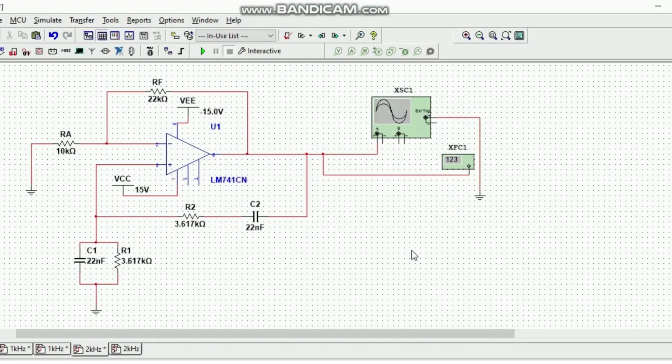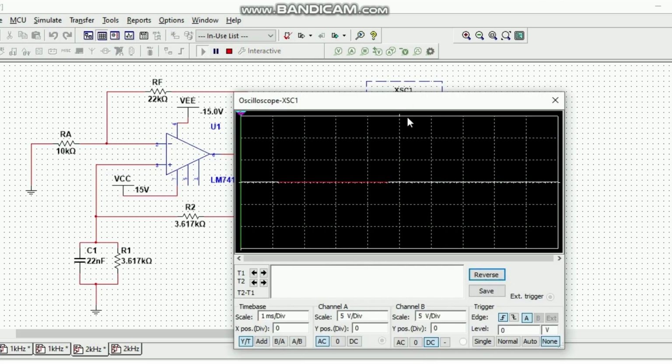For the third circuit, the targeted frequency is 2 kHz, and the value of resistors R1 and R2 used is 3.617 kilo ohm, and C1 and C2 are still the same, 22 nanofarad. So let's check the output waveform.